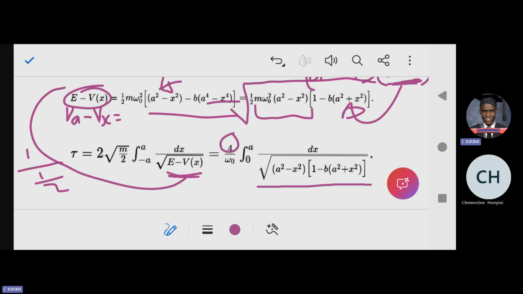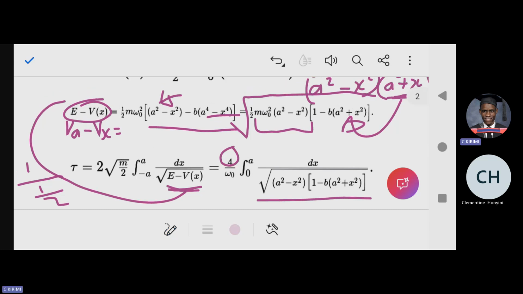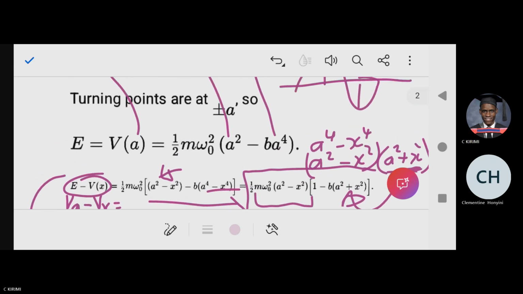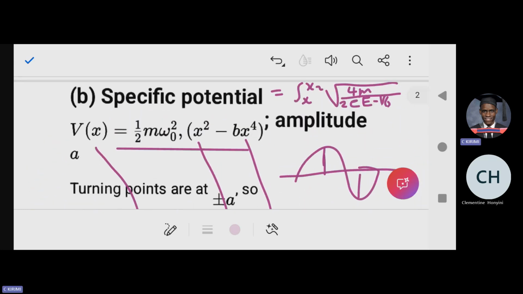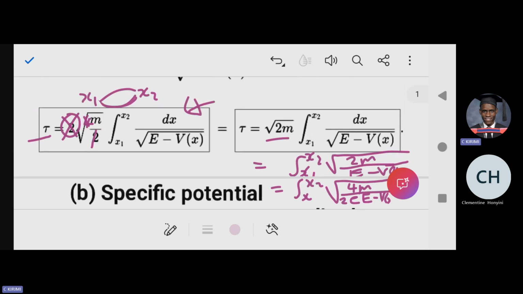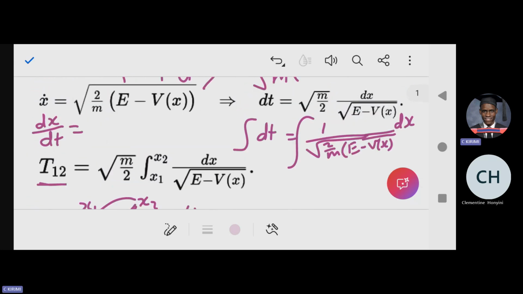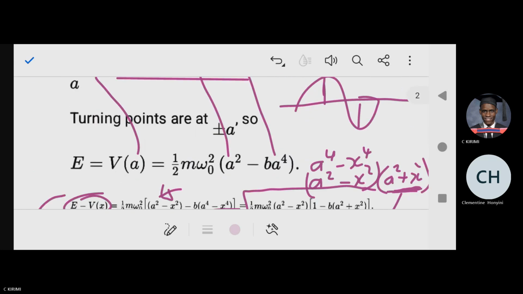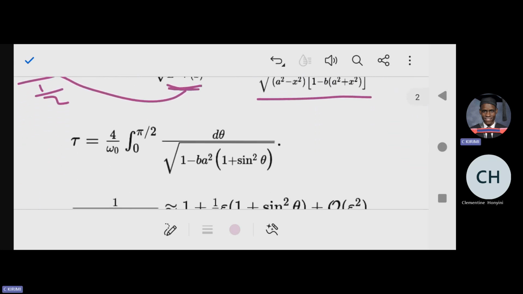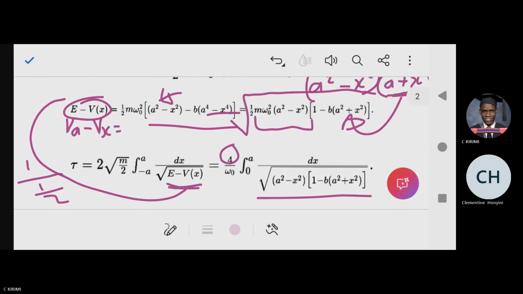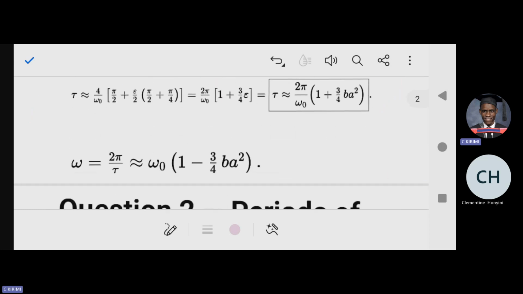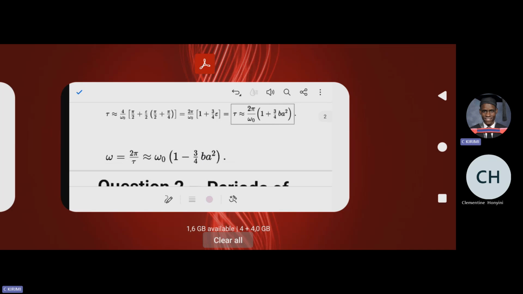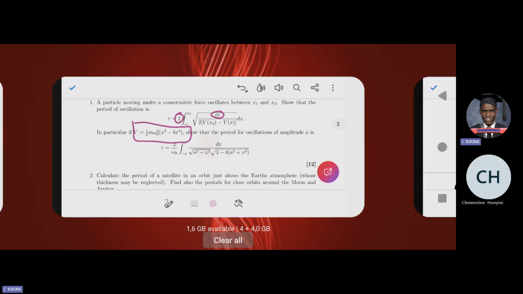Because we are not having an m, 2 square root of m, we are not having it. We are here on the integral, where we are supposed to show that that is given by that.